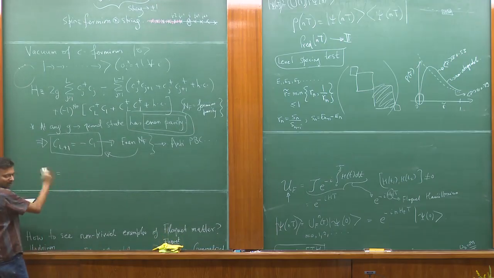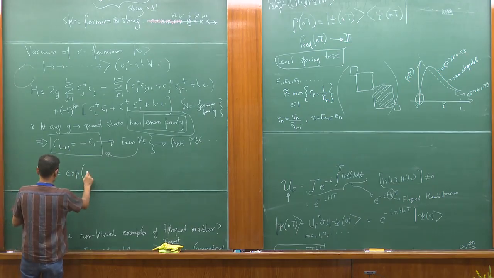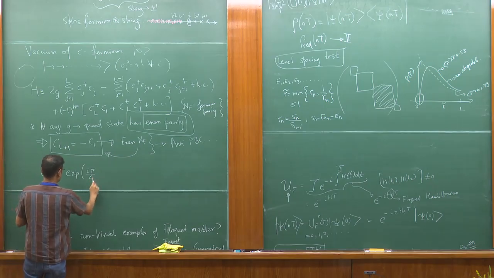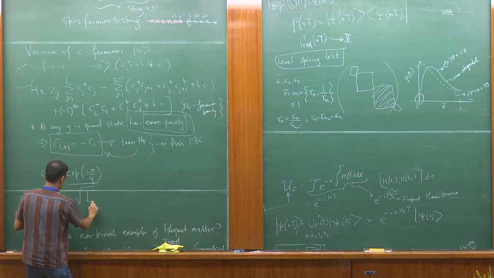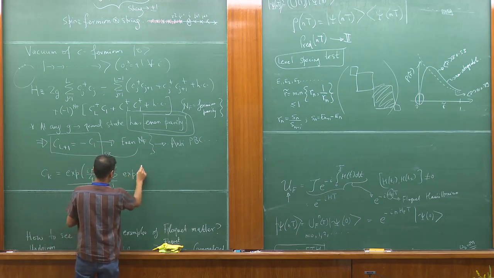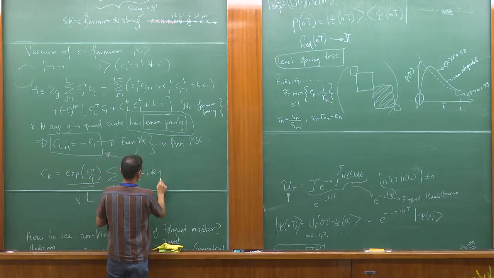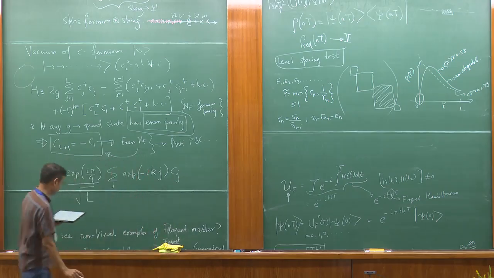So I'm going to momentum space now. These are, of course, the site indices, which run from 1 to L. So this is the transformation that I do.